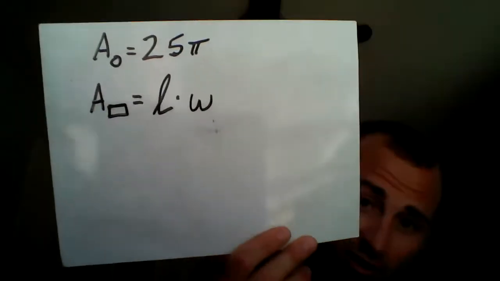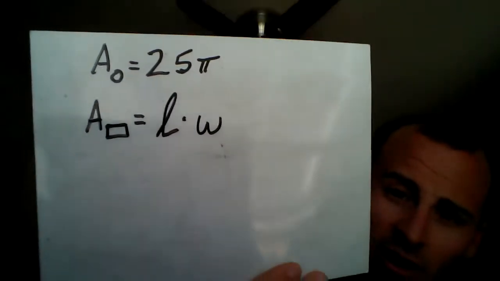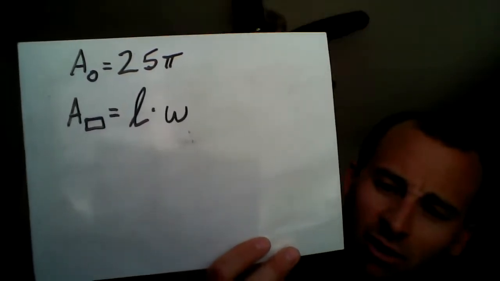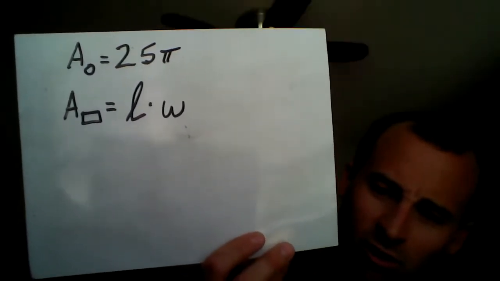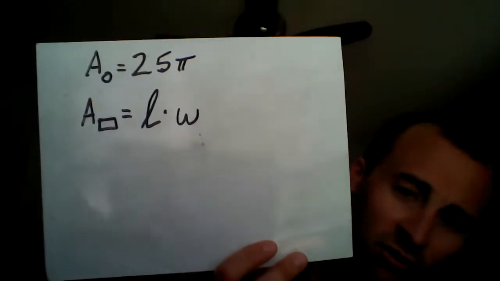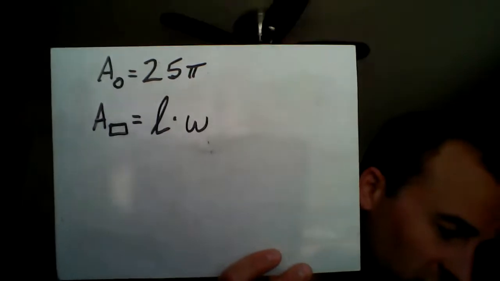Yep. Okay, so we got the area of the circle is 25 pi. We know what the formula of a rectangle is, length times width. Yep. Do we know either of the length or the width? Do we know one of those from the picture?